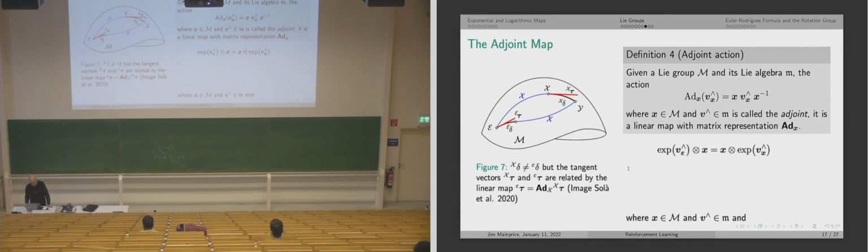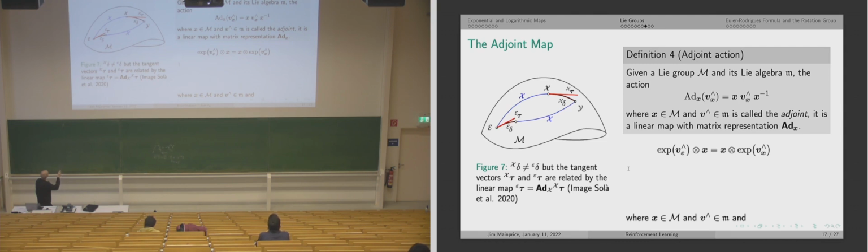So the key idea of the adjoint map, this is advanced but also very interesting, is that if you are mapping from point X, from the identity to some point Y, and you do it through some Lie element X, and then some element delta, then the element delta will have different coordinates if you're going through a different path, even though it's the same X here.